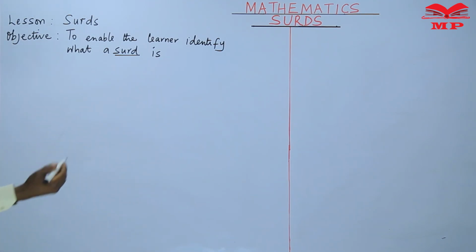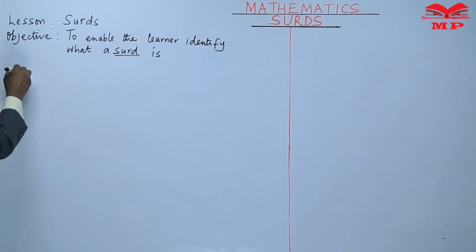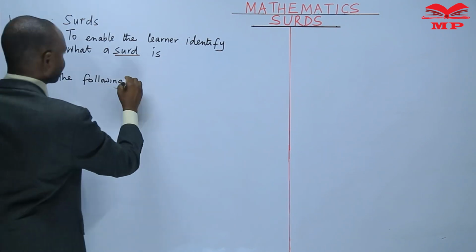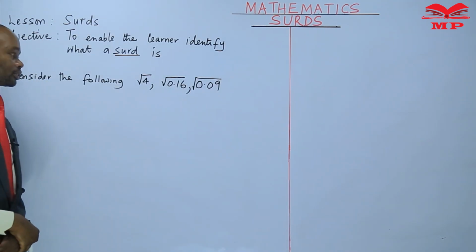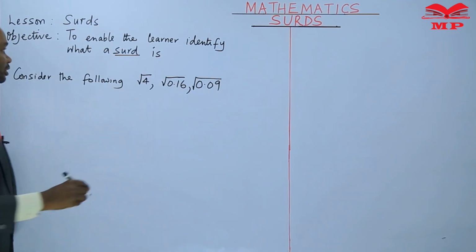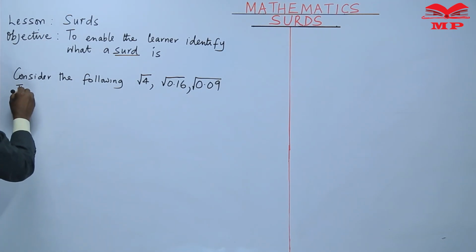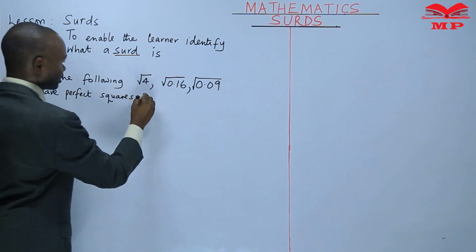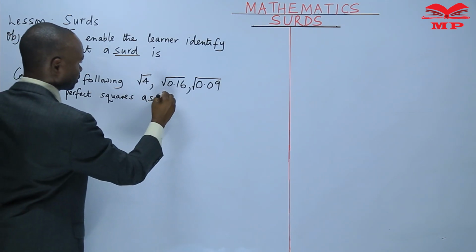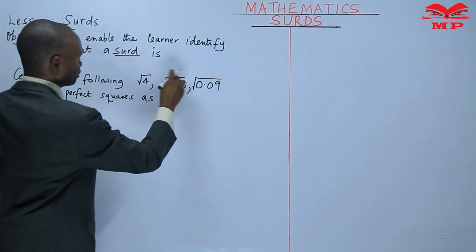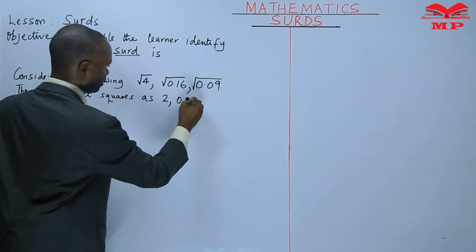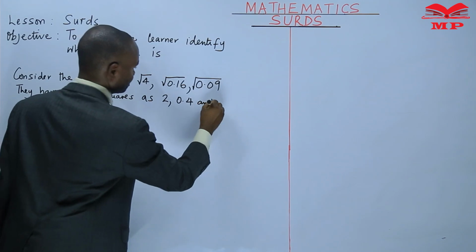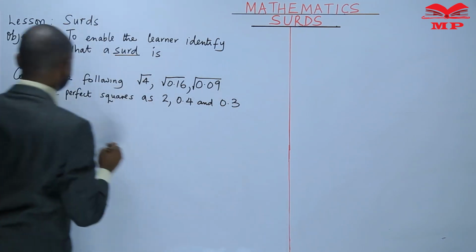So we start by considering a few numbers before we come to that. If you consider those ones, they have a perfect square, as the square root of 4 is 2, the square root of 0.16 is 0.4, and 0.09 is 0.3 respectively.